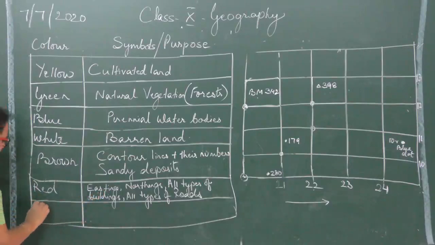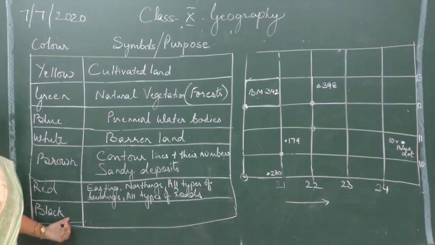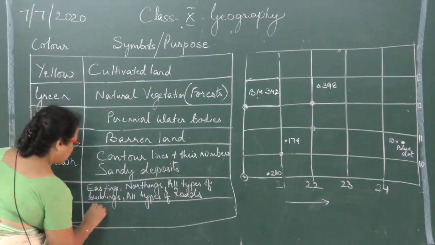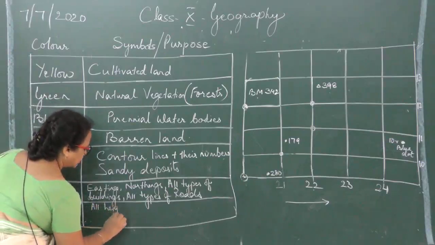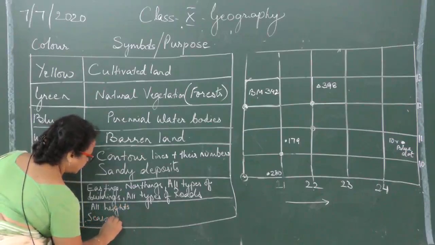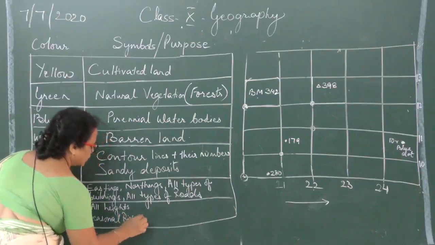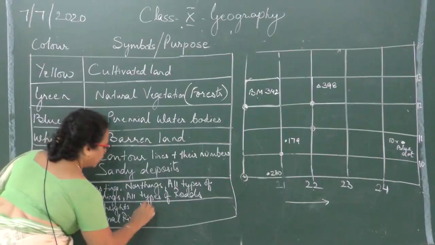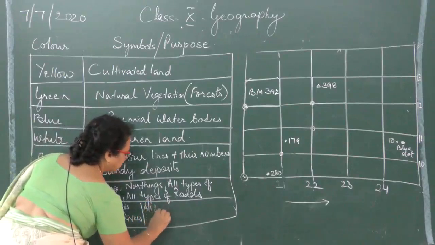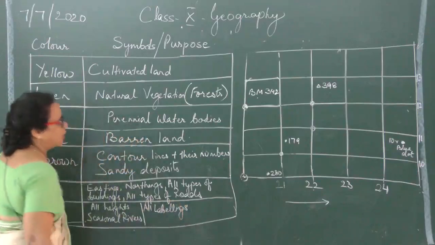The last is black color. Black color, all heights, then seasonal rivers, then all labeling, everything else which is written, all labelings are in black.